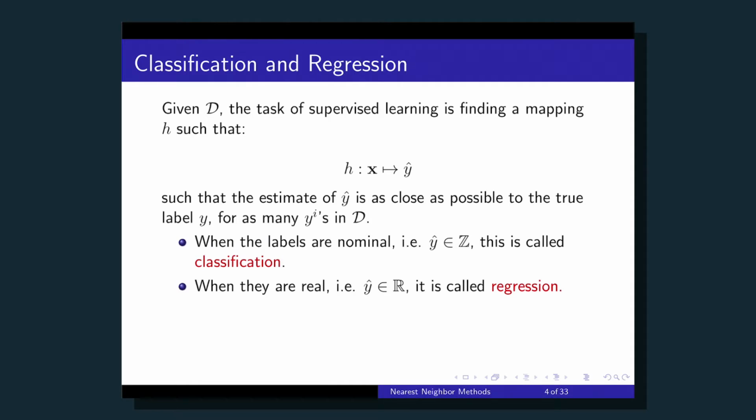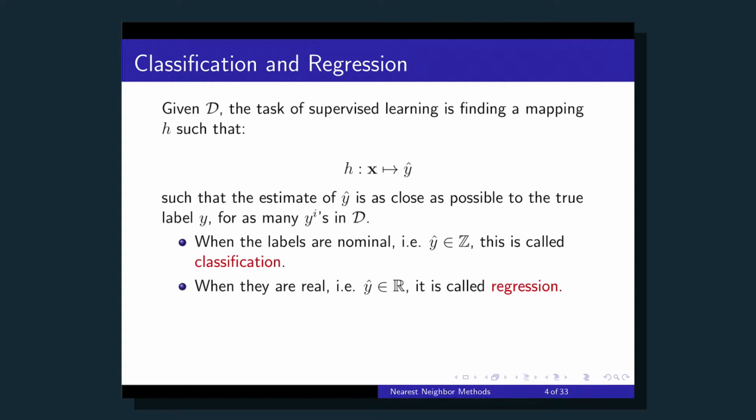We might not know the true label y, especially if it's a novel example. Let's say we created our mapping, and the creation of this mapping is what we call training, with already existing data that had been labeled before.